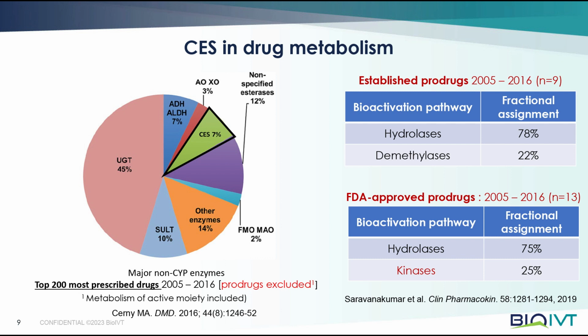And then if you look at the FDA-approved prodrugs from that time period, hydrolases, again, a very high percentage, 75%. And then kinases are starting to become more important for prodrugs because of the anti-HIV drugs and other antivirals that require the kinases to activate them. So a little bit of a change, and these are from 2 different publications over 2 different time periods, and we're continuing to follow these trends over time.